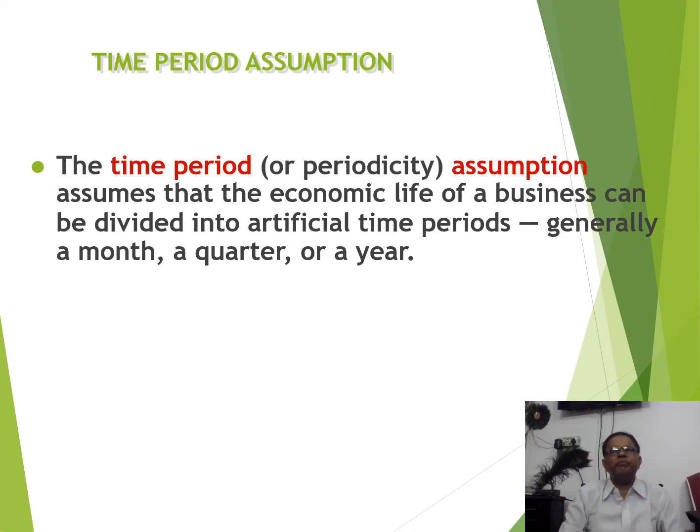This is the period for which we are recording and preparing. Beyond that and before that, if there are any transactions, we are not considering them for making the financial statement. So this accounting period concept or time period concept is very important for adjustment, and this is the basis for the adjustment entry.